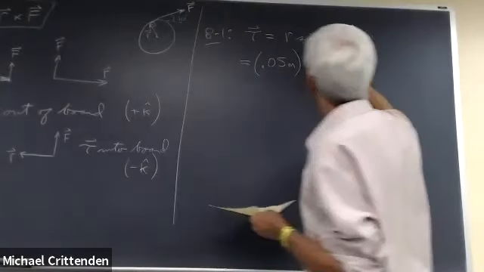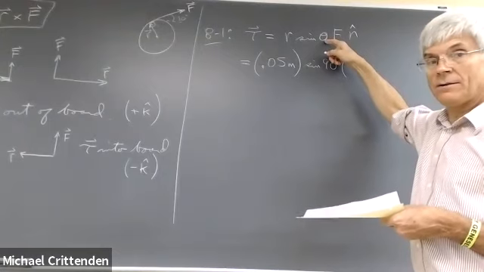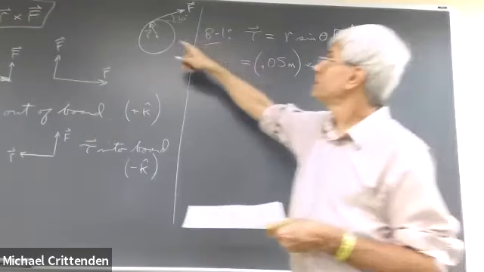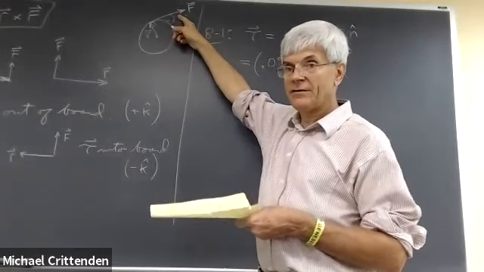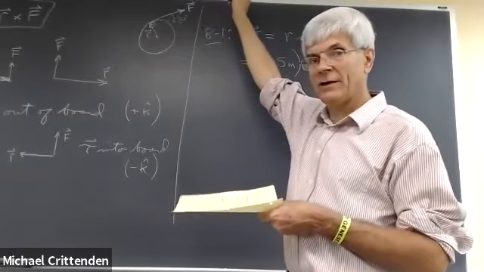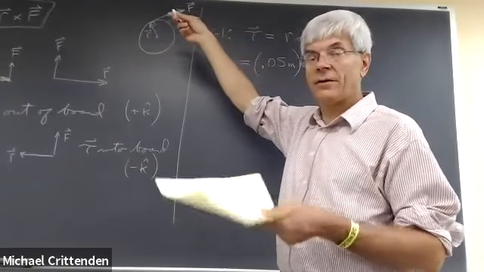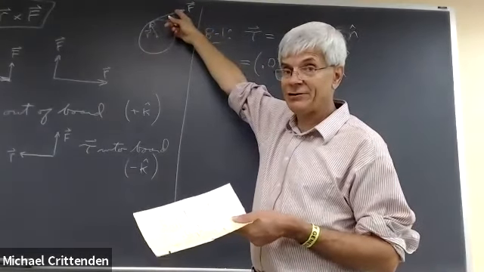Theta in this relationship is the angle that these two vectors make with each other. The radius is perpendicular to the force because if you pull that string, it's unwinding along a tangent to the circle. And there's a theorem from geometry that says a radius is perpendicular to a tangent.